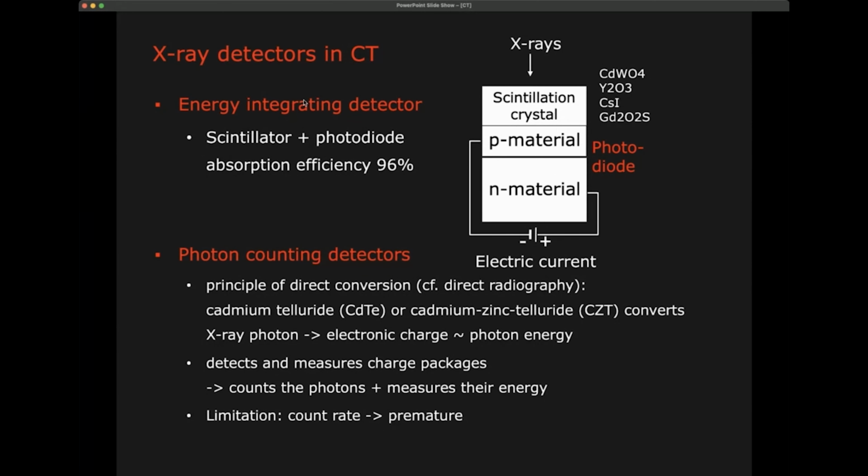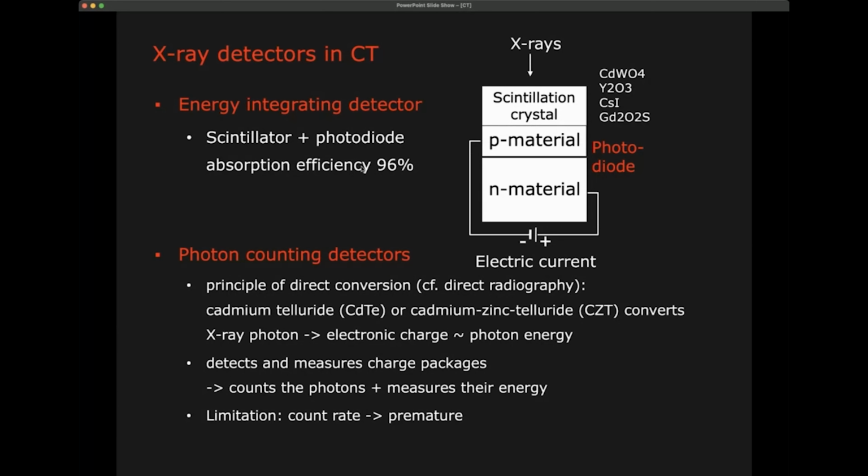As we showed before, the X-ray tube is based on the principle where we accelerate electrons in a vacuum tube, which then bump into a metal plate and send out a whole spectrum of X-rays. When we use photodiode and scintillation, we just detect that there are X-rays coming in. We don't know exactly how many, although of course the intensity is proportional to the amount of photons that are being captured there. And we cannot distinguish their energy. We just measure them, that's all.